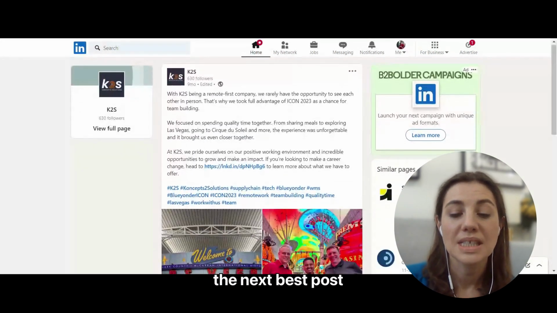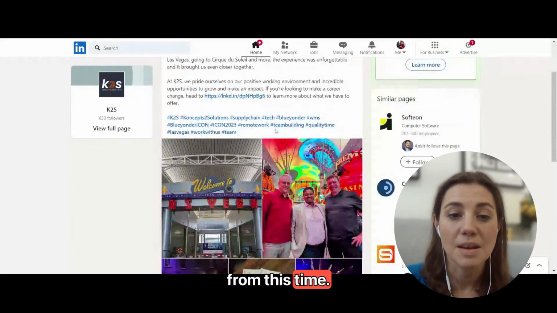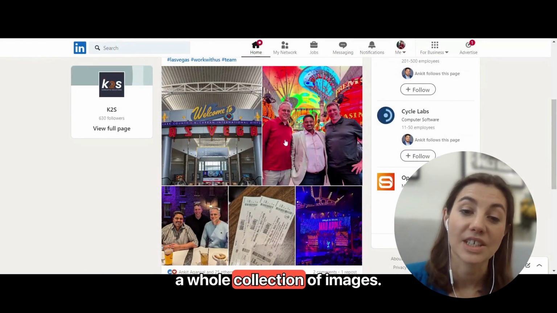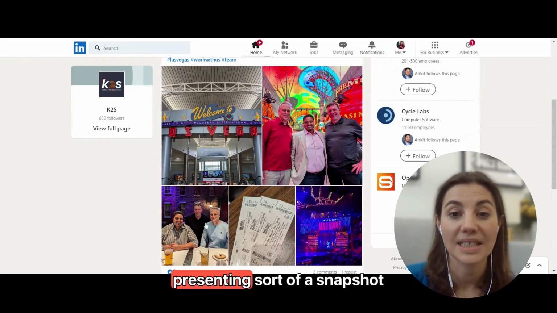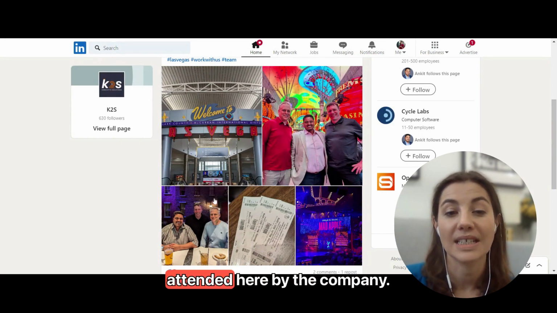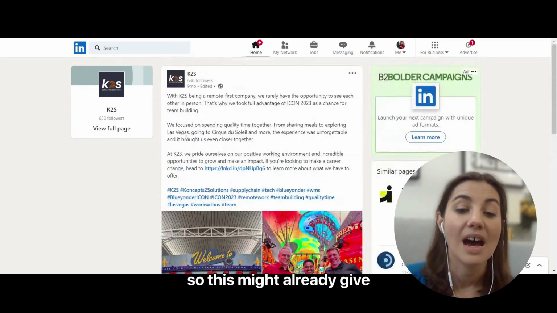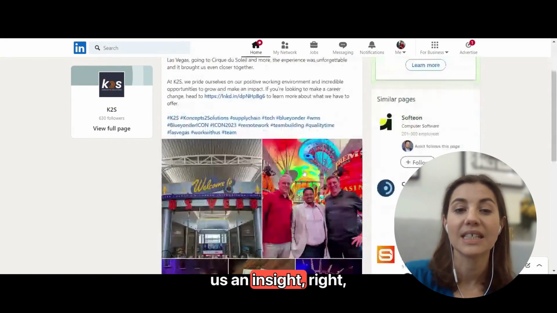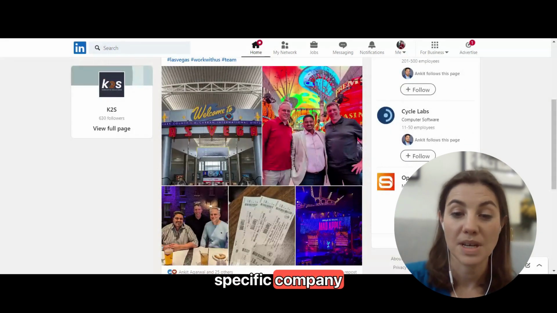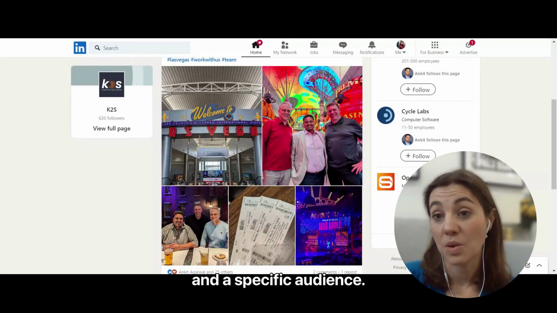Now I want to show you the next best post from this time. You can immediately see that it's, again, a whole collection of images, presenting a snapshot from this event that was attended by the company. This might already give us an insight into what works and doesn't work for a specific company and a specific audience.